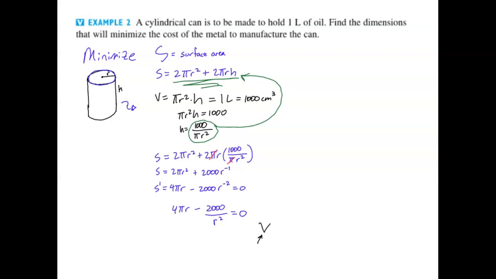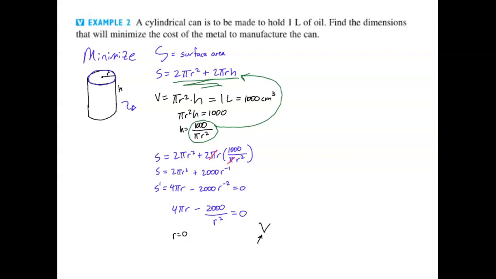Now, are there any values of r that would make this undefined? 0. Now, r equals 0 is technically a critical value because it would make this undefined. But now when we jump back from math world into real world, are we going to be making a can that has radius 0? No. That exists in math land.